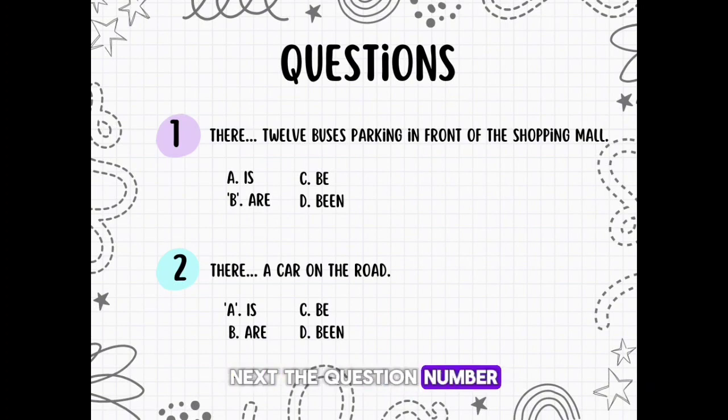Next, question number 2: there a car on the road? A. is, B. are, C. be, D. been. Is it clear that the answer is A, is? Why is the answer A? Because a car is a singular noun, used with there is.